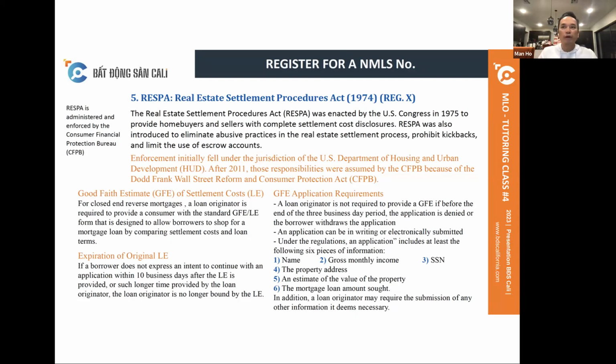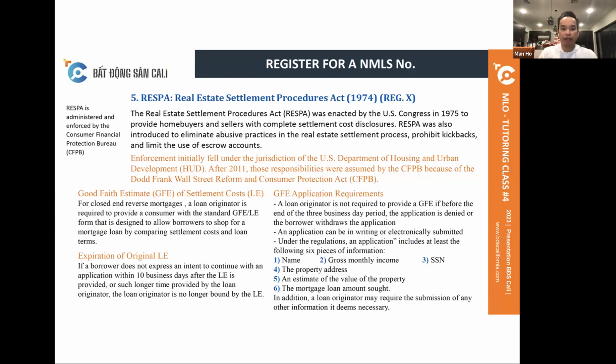Also, the escrow account is an account that you need to set on the side. You cannot commingle. This term is interesting; I introduced it a little bit early. Commingling means that when a servicer or a broker has an account or an escrow account holding somebody else's money, you cannot put your company money in it.